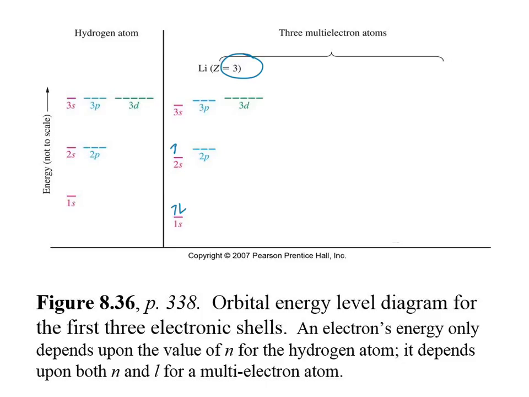Let's go to another atom that has more than 1 electron. That would be sodium. If you find sodium on the periodic table, it's the whole number 11. It's atomic number 11. It's got 11 protons in its center. If it's neutral, then we need to find homes for 11 electrons.